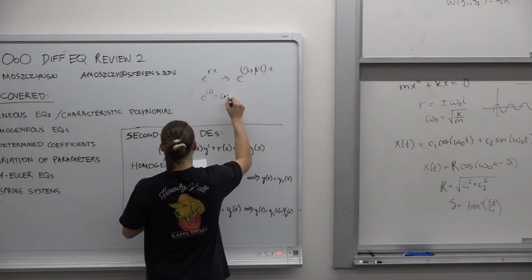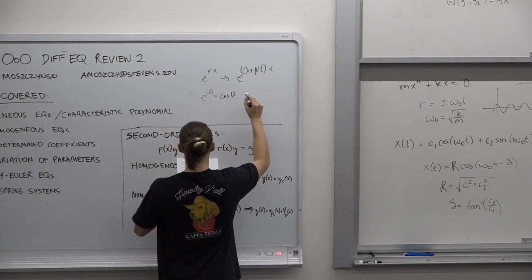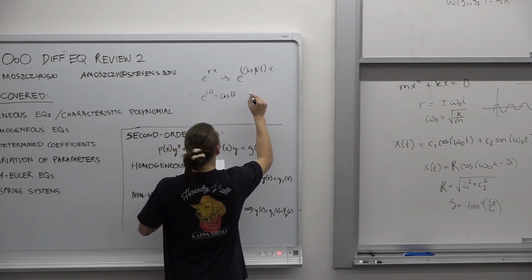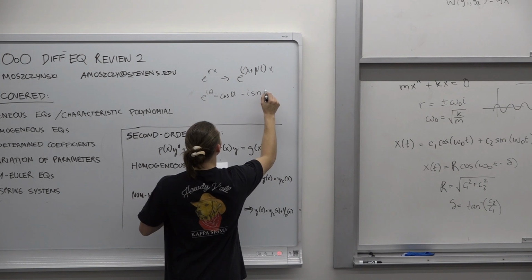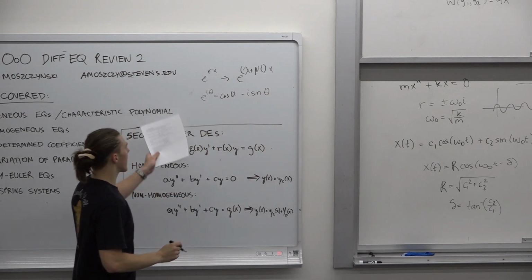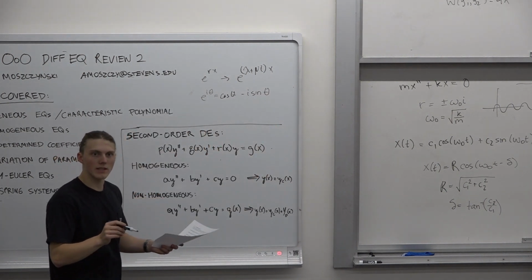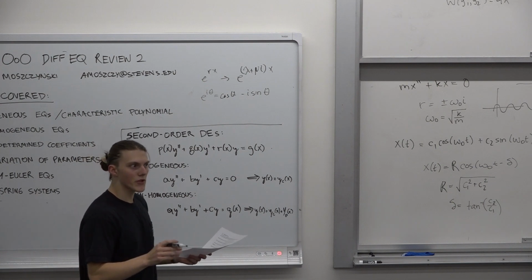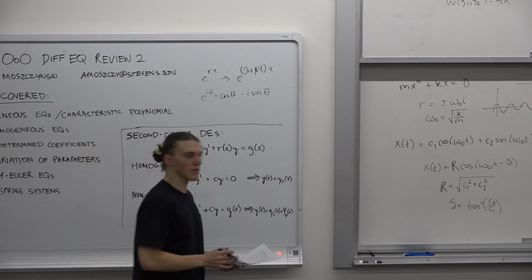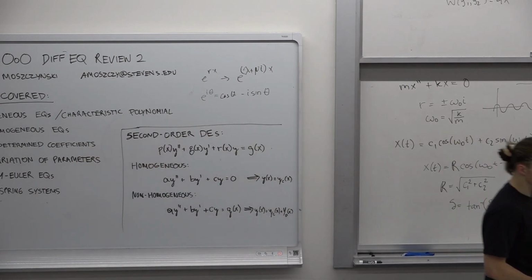It looks something like this. And after you do the math and you combine it into your general form, it just cancels out. Okay. So you don't need it in the solution.